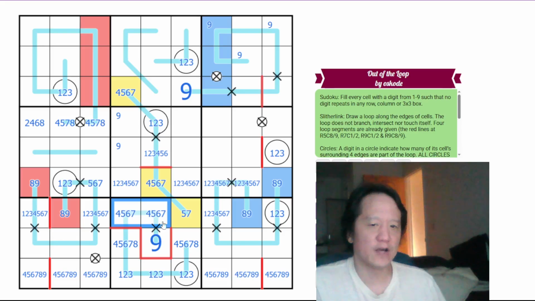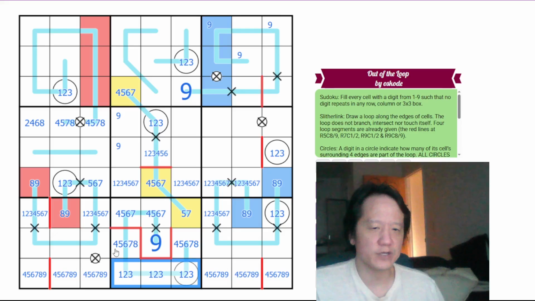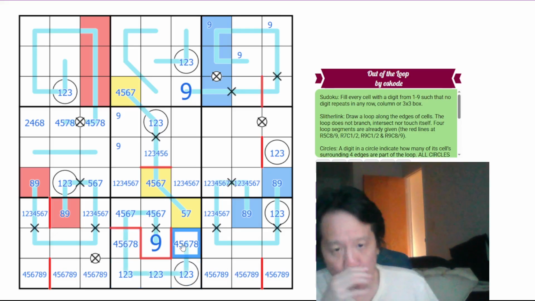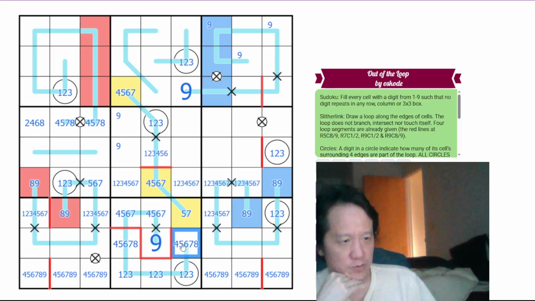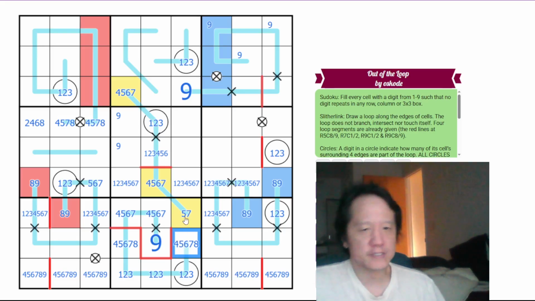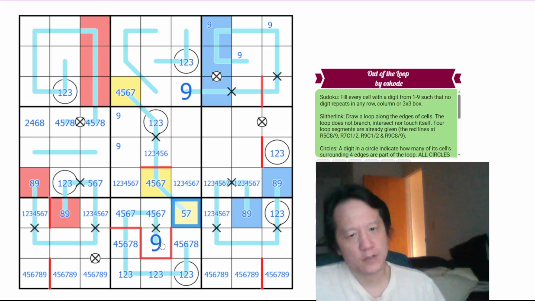If it's 5, that means these add up to 20. So it'd be 4, 7. It could not be 5, 6. So it'd be 4, 7 here, which would make this 1, 2, 3, 6, and 8. That seems possible. If it's 7 here, then these add up to 19, right?